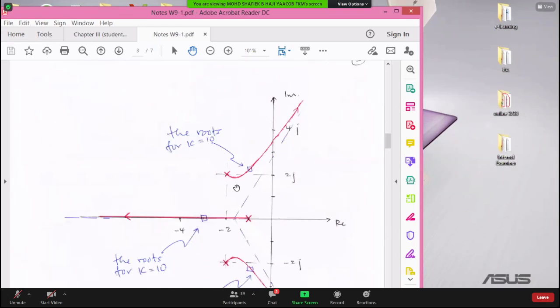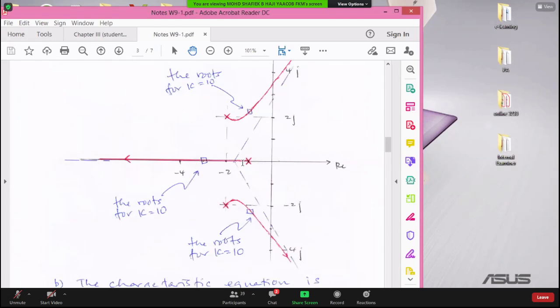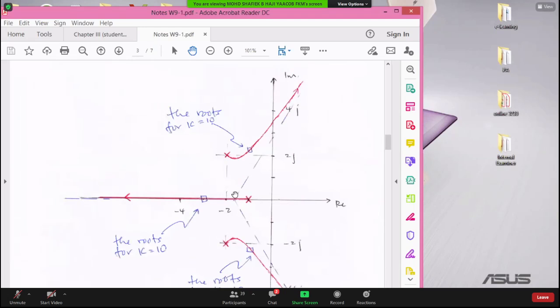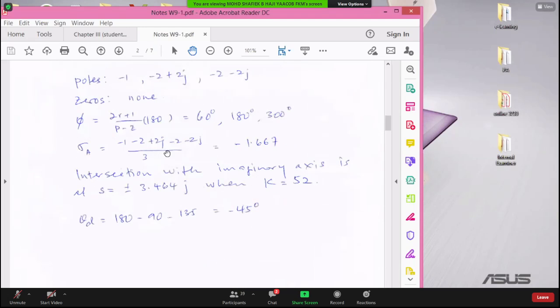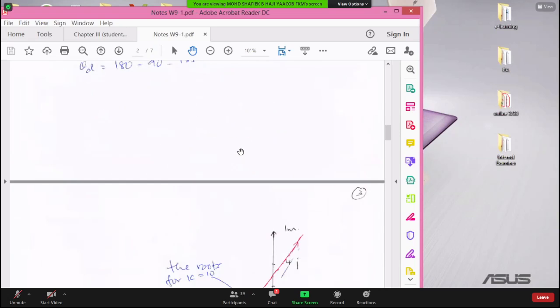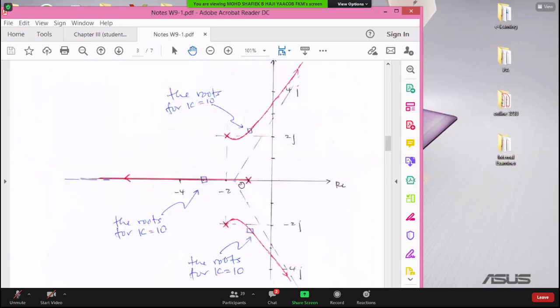So it goes at negative 45 and turns back, and that is your locus diagram. This is your asymptote line, intersecting at negative 1.6, at 60 degrees. That's one of your asymptote angles. And now you can draw your locus diagram. That's the first part. It's going to get you 6 marks.